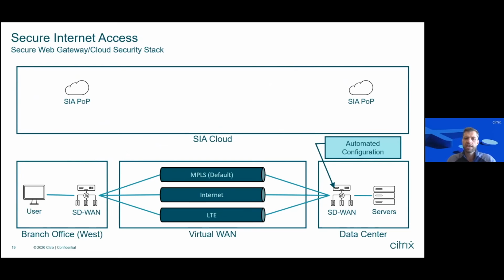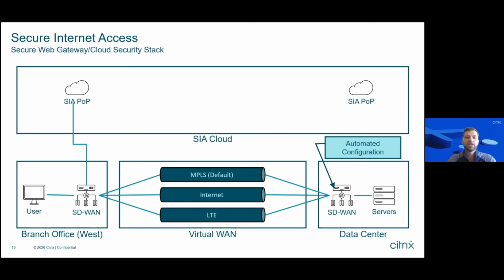Now, SIA can also run as an agent on your endpoint devices. We won't cover that in this session today, but from an SD-WAN perspective, SIA is this cloud-based traffic engine to which SD-WAN builds a secure tunnel for carrying internet traffic. Leveraging this advanced application awareness and path control, the SD-WAN can direct traffic to one of over 100 different POPs worldwide.